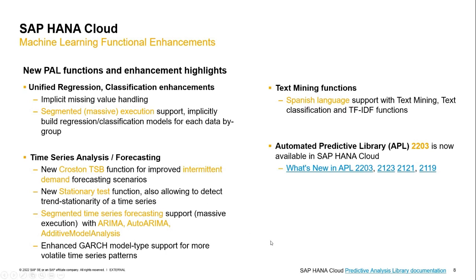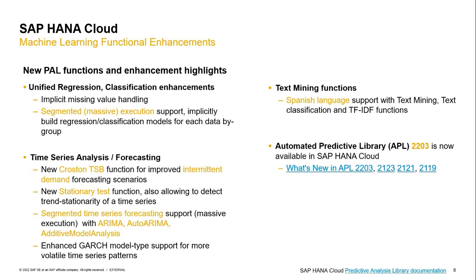We support the same, as we can see, in the area of time series analysis and forecasting for ARIMA, AutoARIMA, and the additive model analysis algorithm, the Prophet algorithm, where we also support this massive invocation and segmented time series forecasting based on by groups in our data.